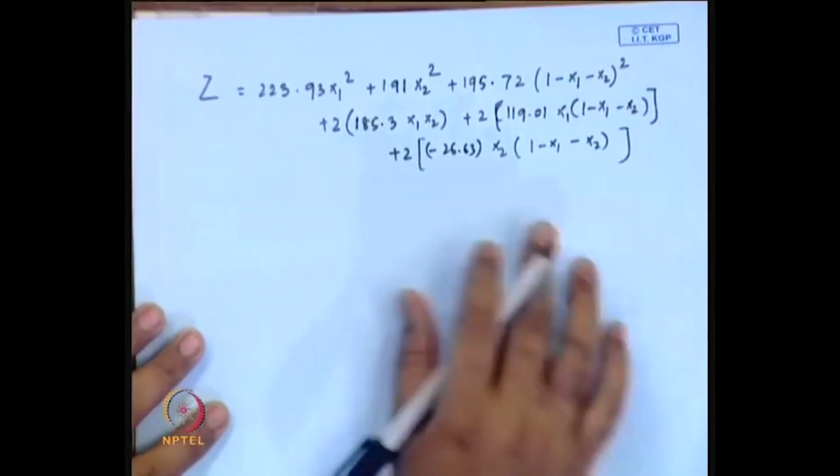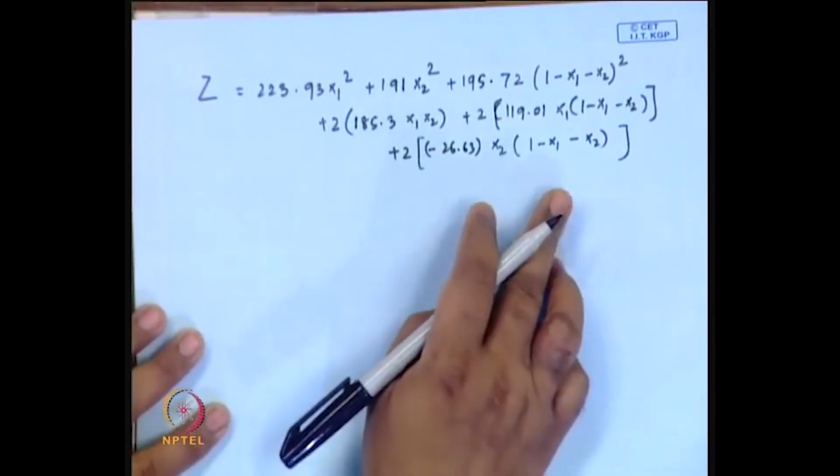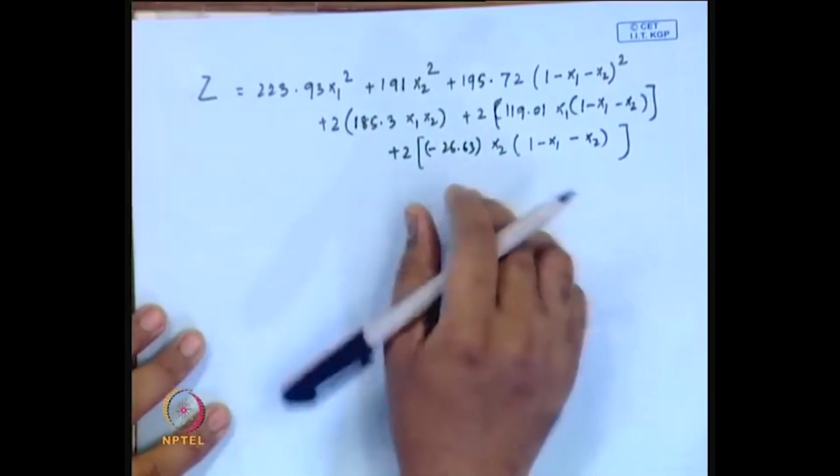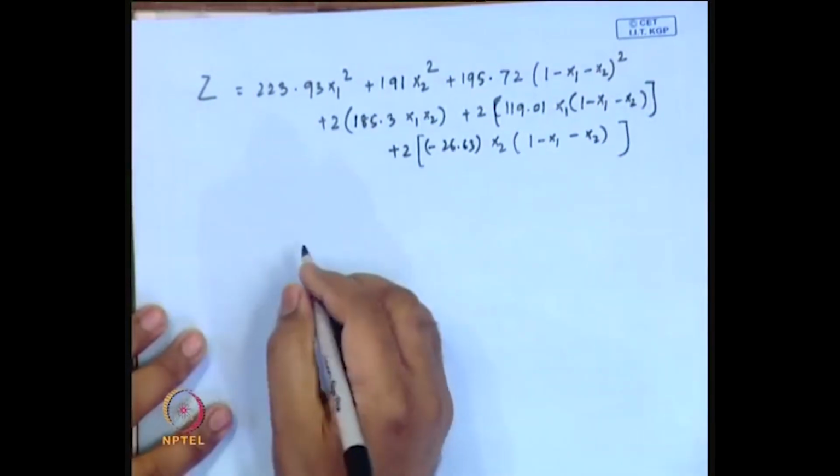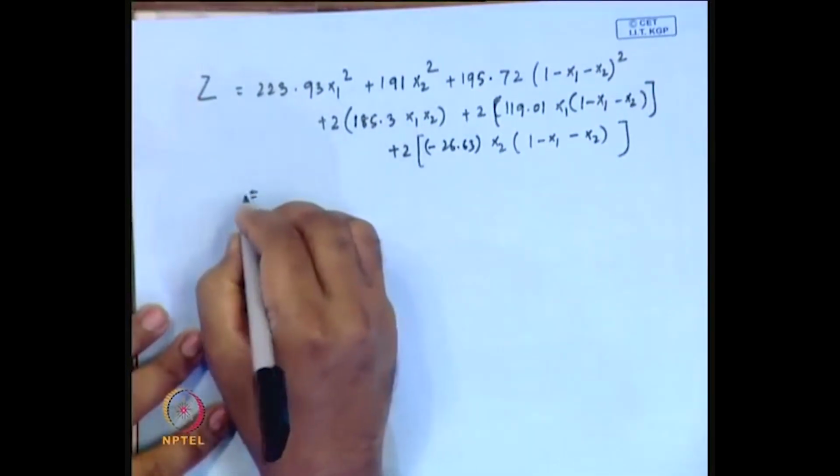That means we have just eliminated the x3 term from this equation, because we have to convert everything into x1 and x2. And finally, what have we arrived at?